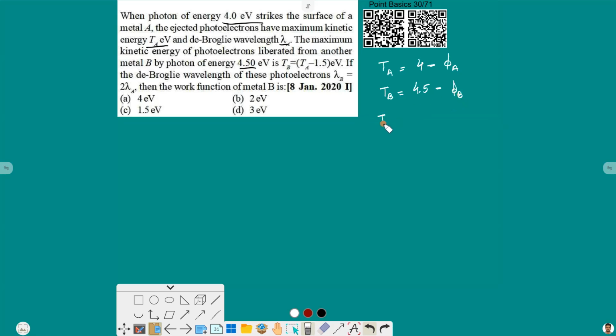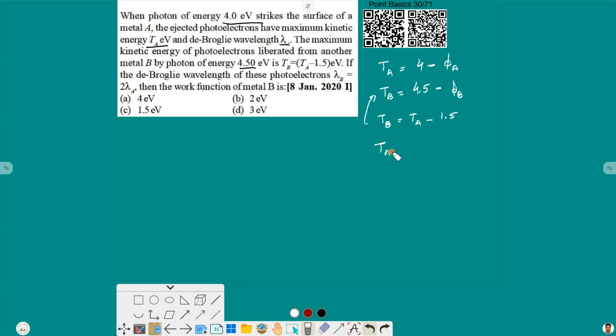Now it is given that Tb is equal to Ta minus 1.5. So we can form a relation by substituting it here.